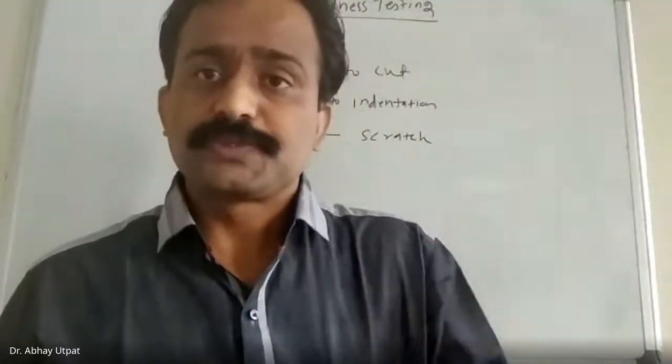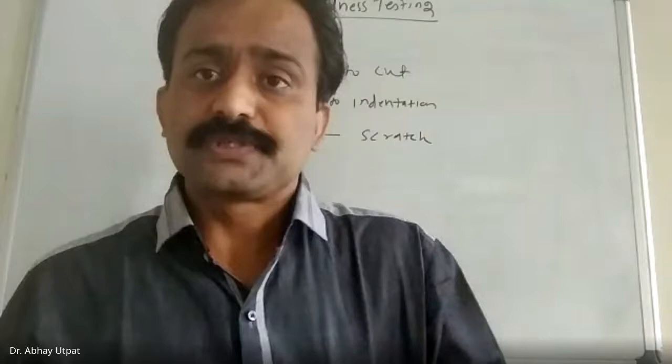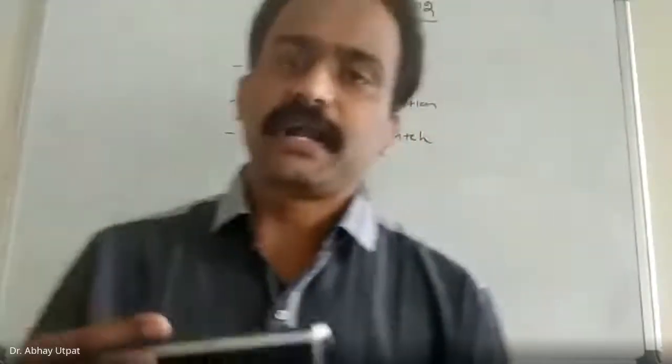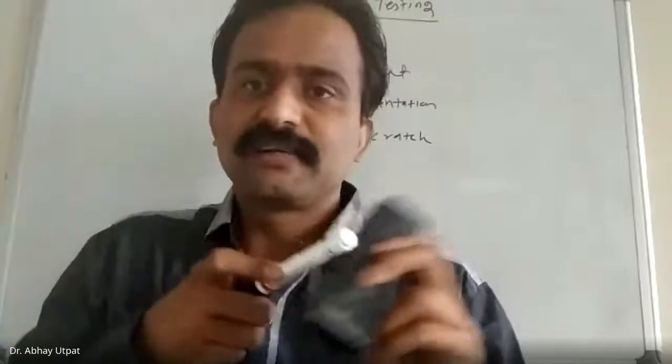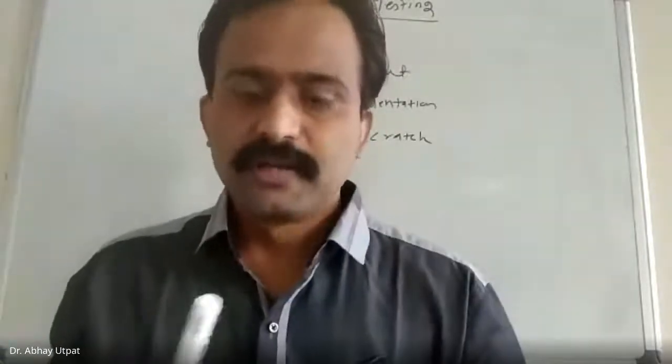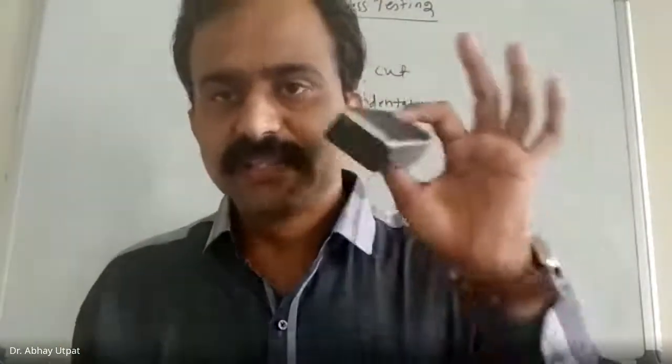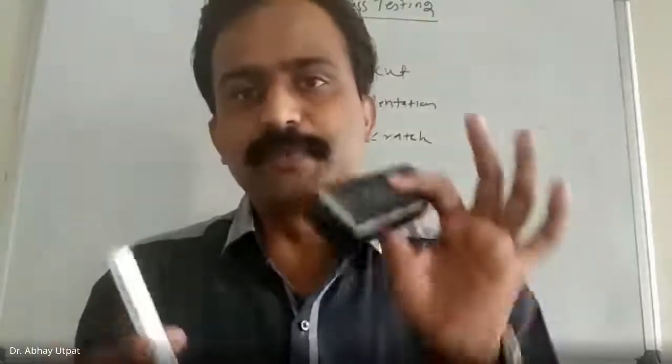Usually, if someone asks you to tell whether a material is hard or not, then on a thumb rule basis, it is not 100% correct. With the thumb rule, that file is taken and we put scratch marks over that component. If you get good material removal because of the file, definitely we can say that this specimen has less hardness than 50 RC, because the file is of 50 RC.